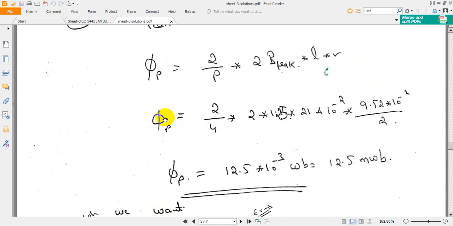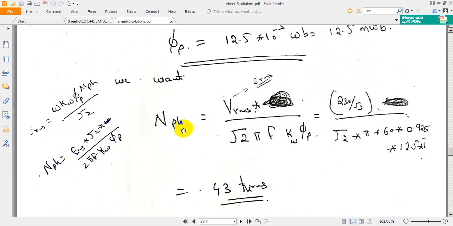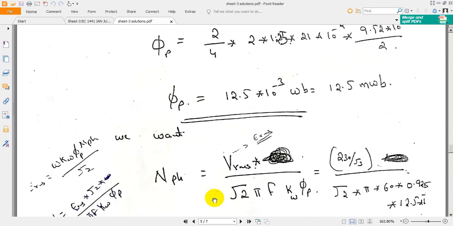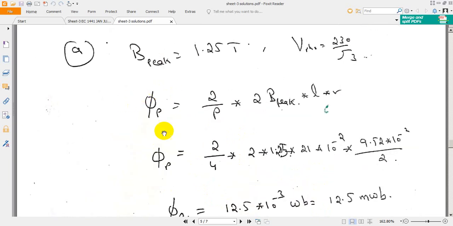Flux per pole, what we need to calculate? We need to calculate the number of turns required to generate this much voltage in an induction machine. So to use this, we need to calculate flux per pole, and for that we are using this formula.